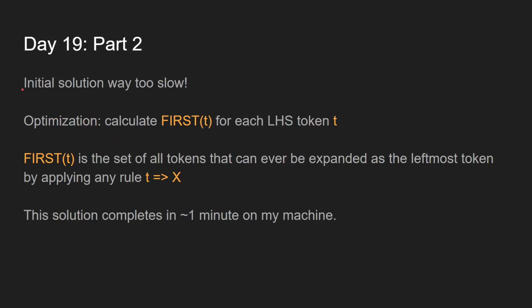So my initial solution, what I just showed you, was too slow. And I thought about it a bit, and one optimization I could think about from an idea from the parsing world is to use the first set.